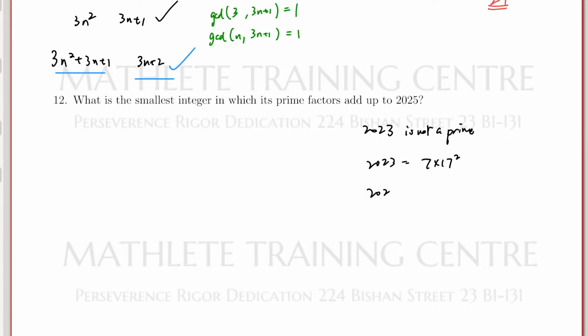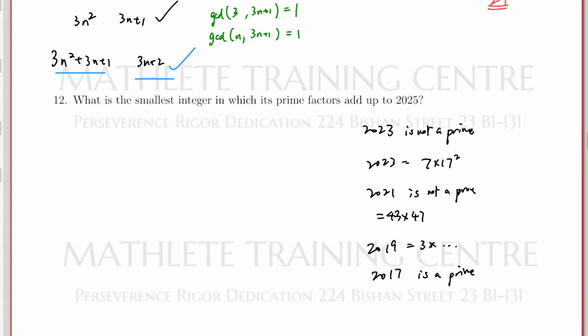What about 2021? Is it a prime as well? It is actually not a prime because in this case, 2021 is equal to 43 times 47, right? It is 45 squared minus 4. It's 2025 minus 4. What about 2019? Obviously, there's some 3 times something, something, something, right? What about 2017? This is actually a prime.